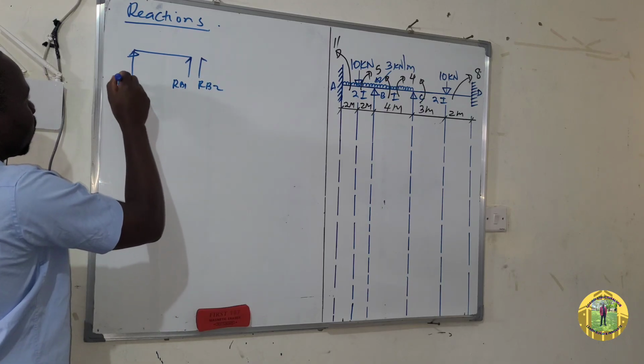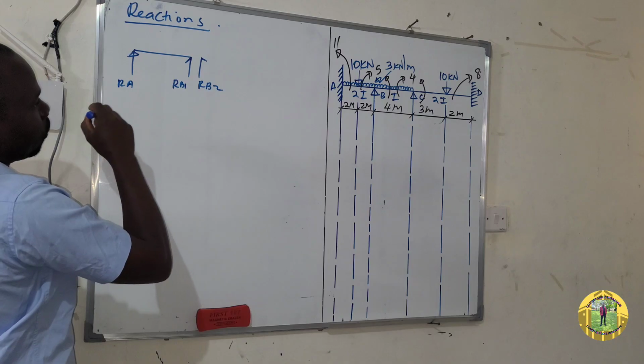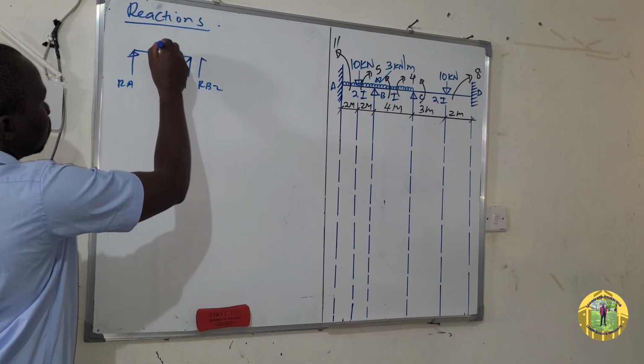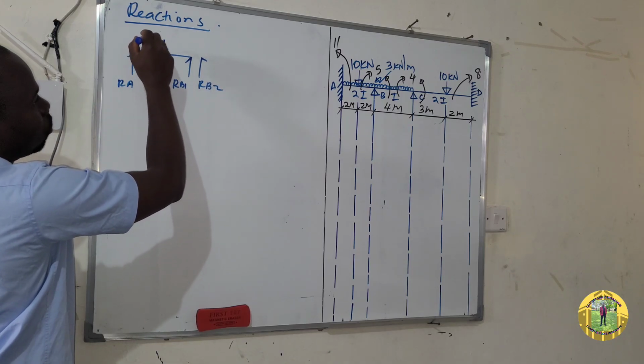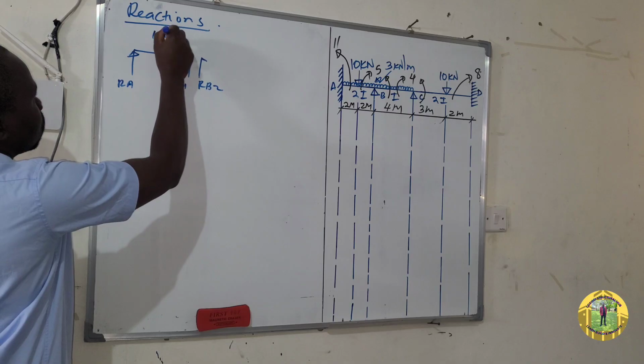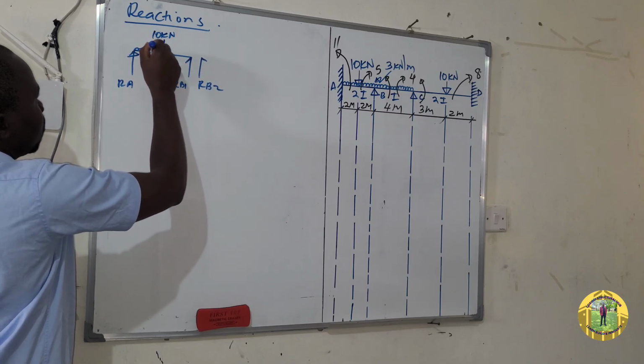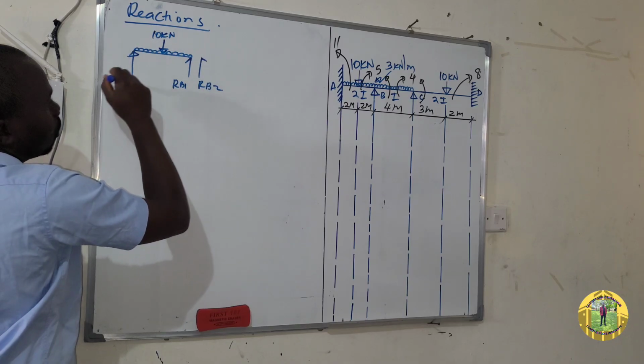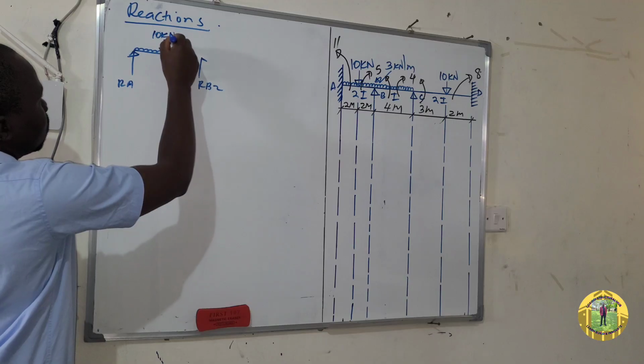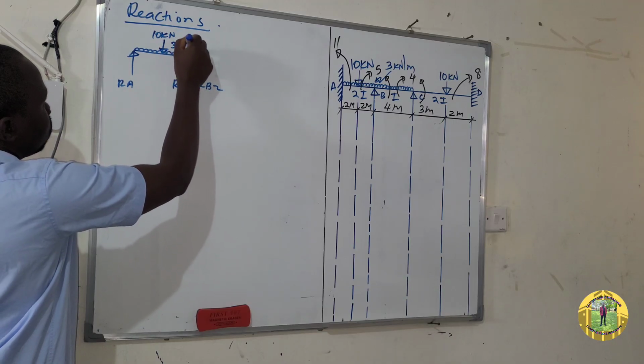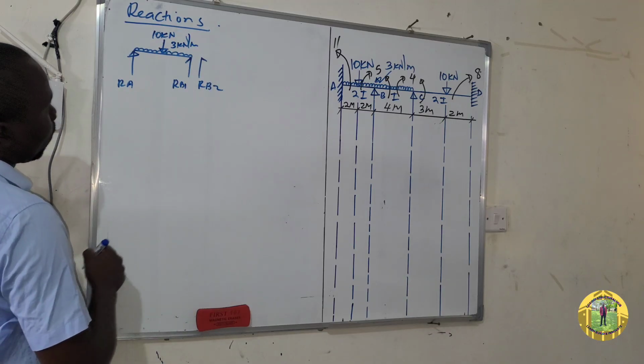And this one will be RA. And remember the loading here, we have 10 kilonewton and a UDL of 3 kilonewton per meter.